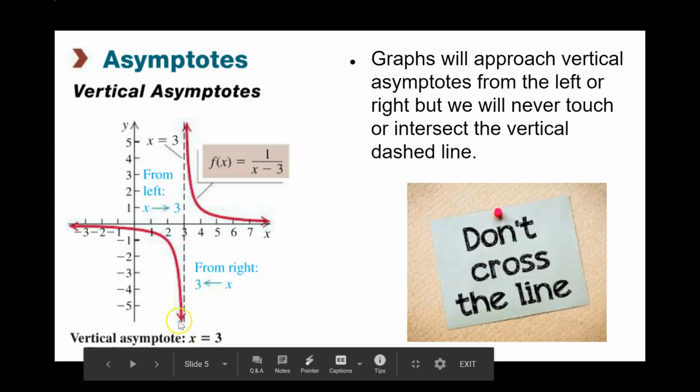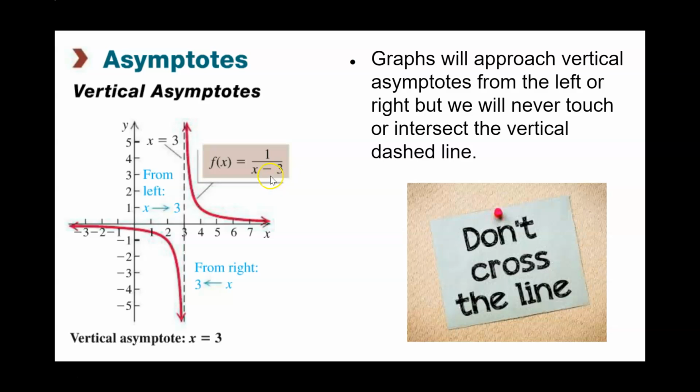And it continues on here. And then how does it continue? It jumps back up here and then continues in this direction. So because this function cannot equal 3, these red graphs never will cross 3. That's what's called a vertical asymptote.